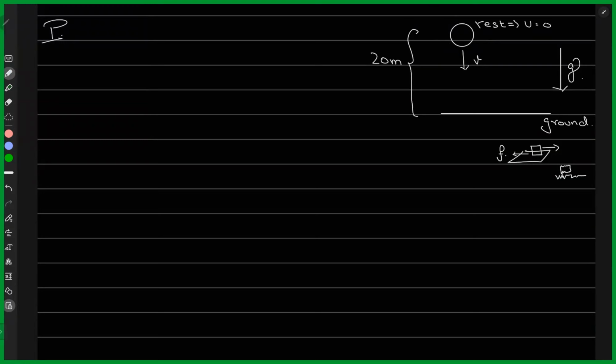Okay, with this statement at hand, let's calculate some of the things. The first thing we'll compute is the time to reach the ground.